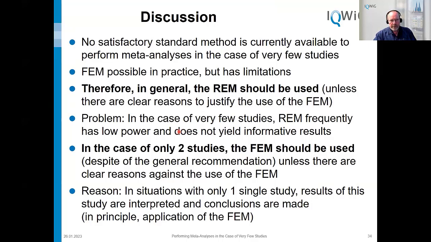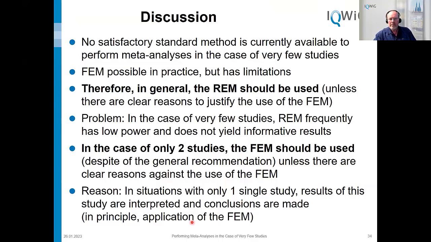We have to deal with the problem that the random effects model frequently has low power or does not even yield informative results. In the case of 2 studies, despite the general recommendation, we use the fixed effect model as standard, unless there are clear reasons against the use of the fixed effect model. And the reason is, in situations where we have only 1 study, we make conclusions based on this study.